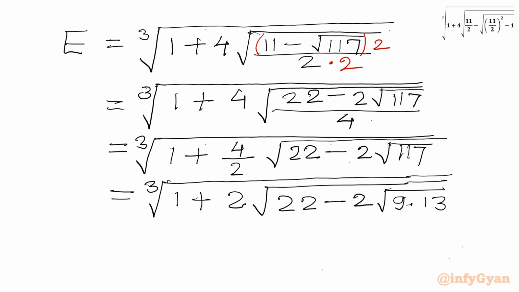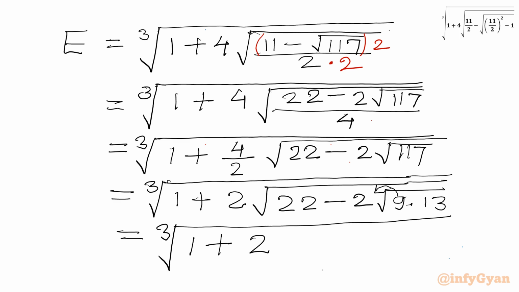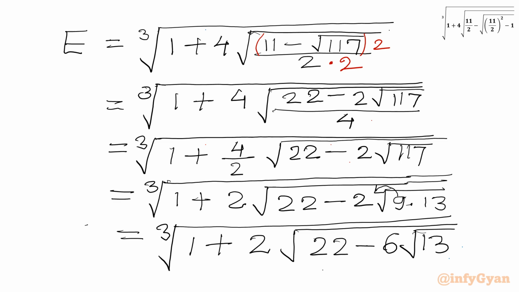This is 117. Now this 9 will come out from the radical as 3. It will be equal to cube root of 1 plus 2 times square root of 22 minus 2 times 3, which is 6 square root 13. So this is our expression so far.